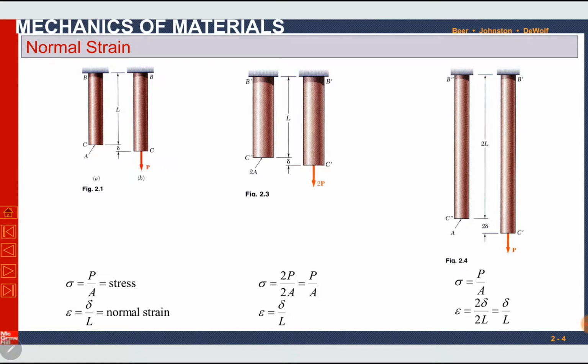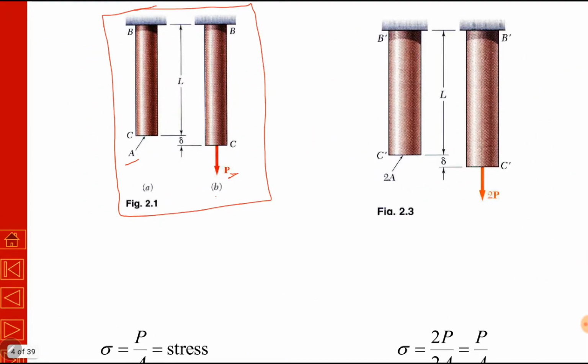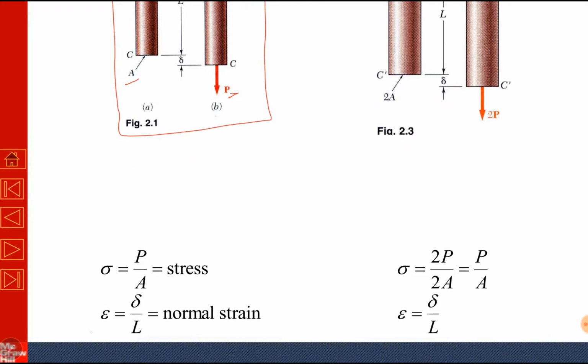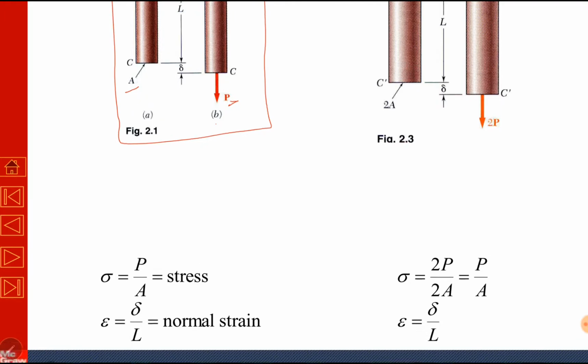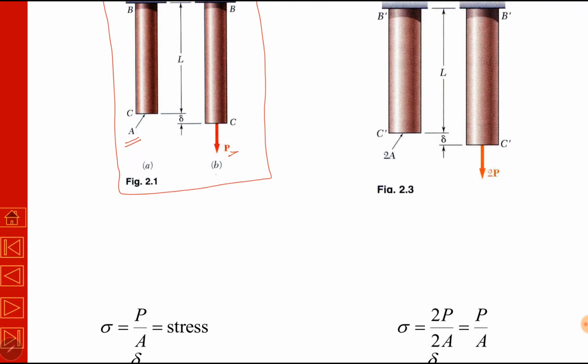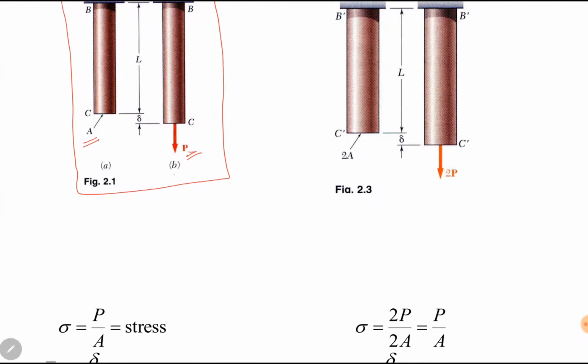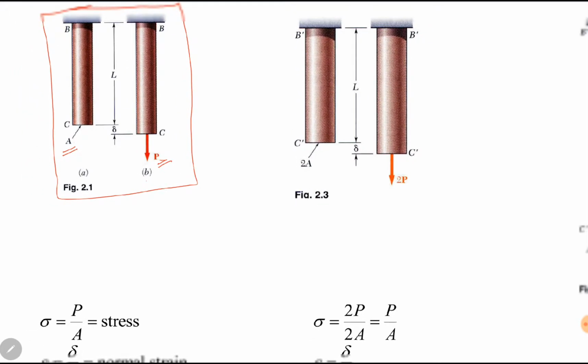For example, in this case, we have a bar of length L. Load P has been applied on a cross-section area A. If the deformation is delta, stress will be P over A and strain will be delta over L. Now if we double the area and also double the load, the stress will be the same, 2P over 2A, so it will be P over A. If the initial length was L, the change in length will be delta.